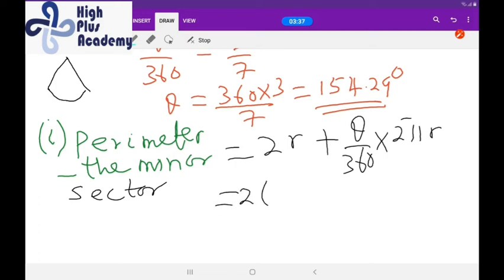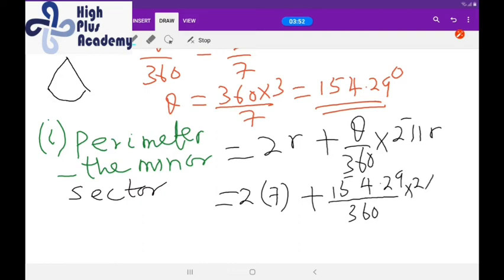So we have 2 times 7 plus the angle we have as 154.29 over 360 times 2. They give us pi as 22/7. Then times 7.